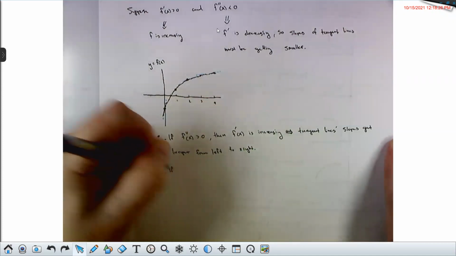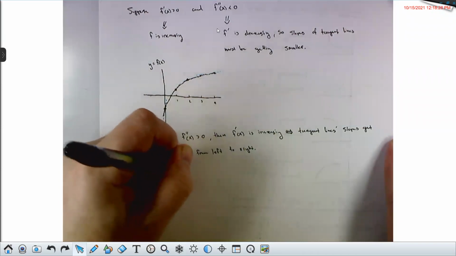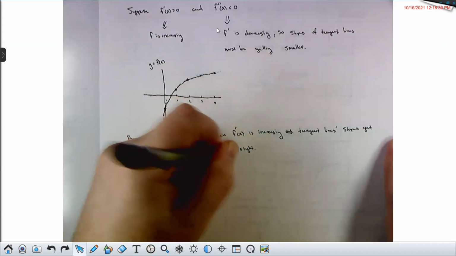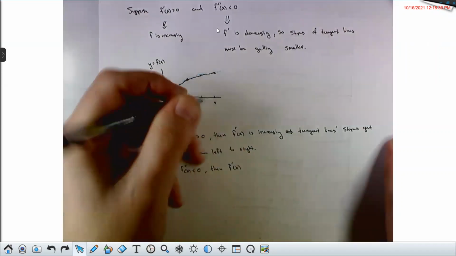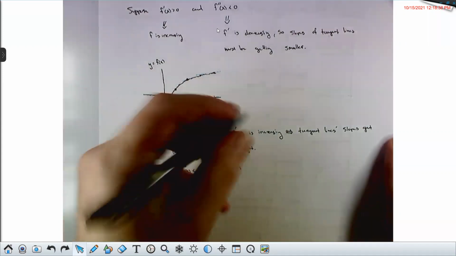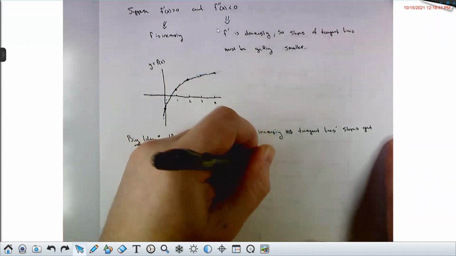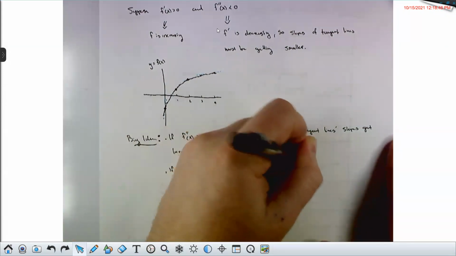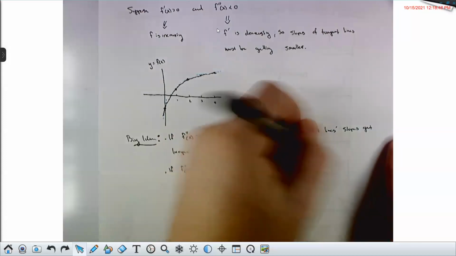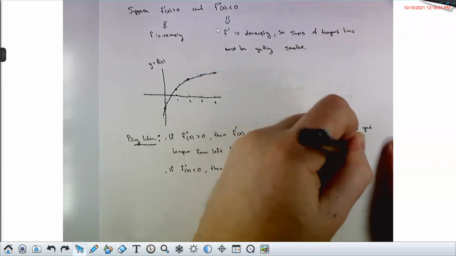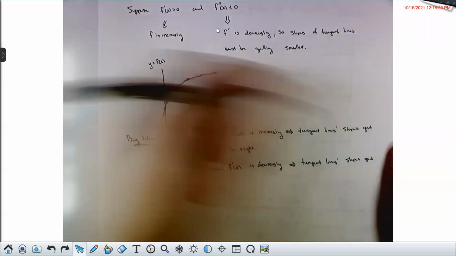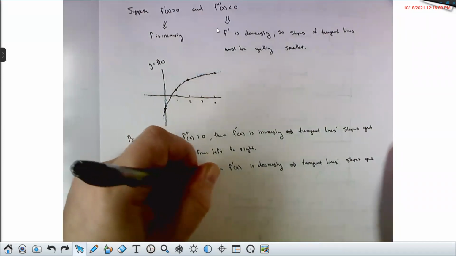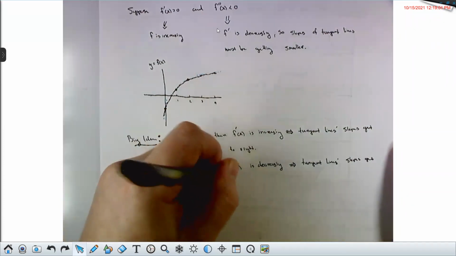And if f double prime is negative, then by the first derivative test, by the increasing decreasing theorem, f prime is decreasing, which means that the tangent line slopes get smaller from left to right.